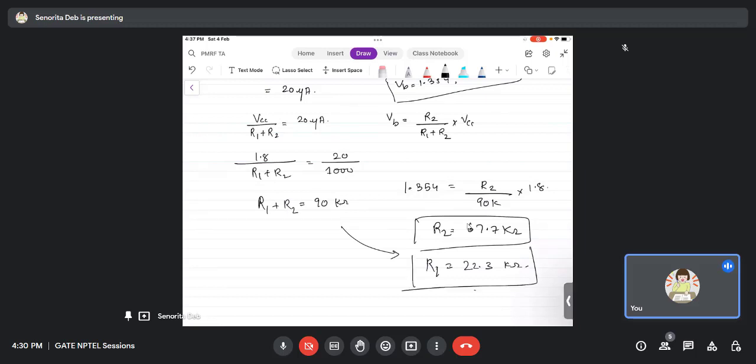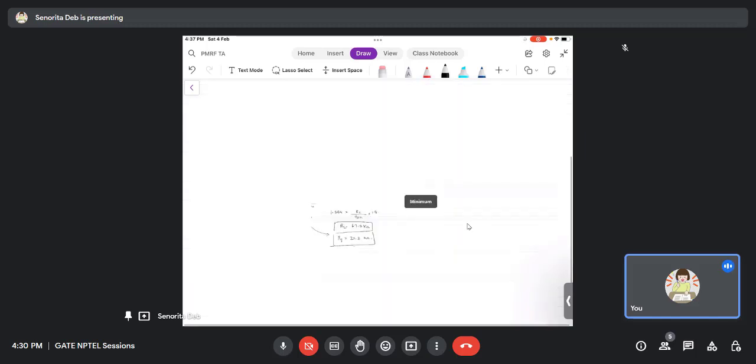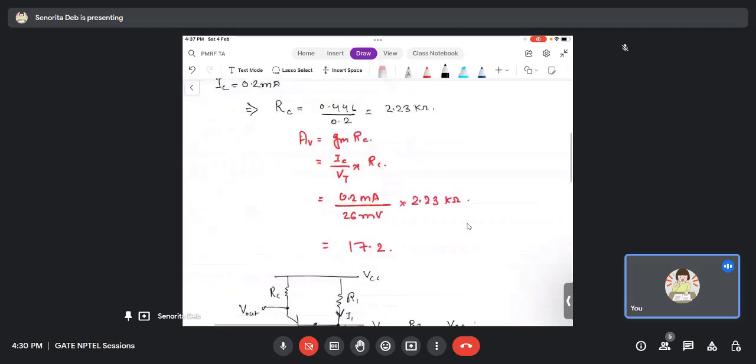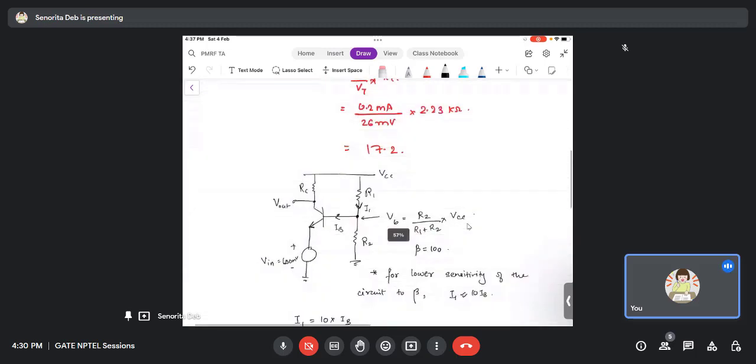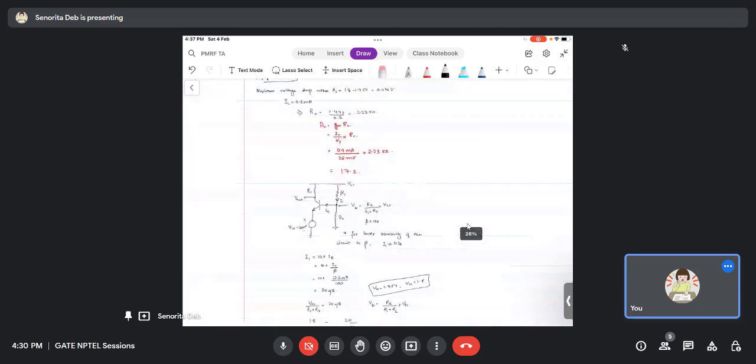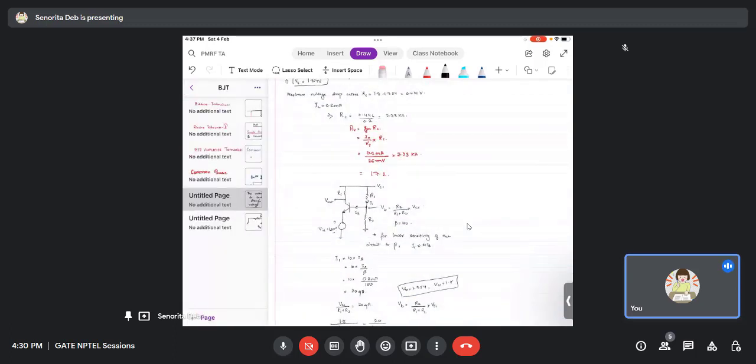I took this problem to show you that, in the same way that we biased the common emitter stage with resistor biasing, we can also bias the common base stage as well.